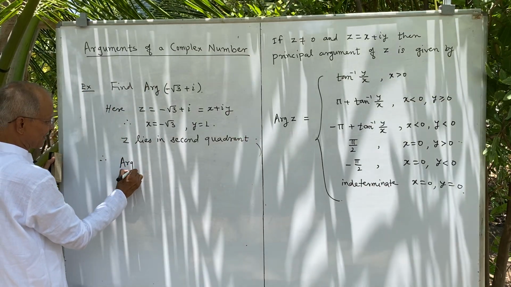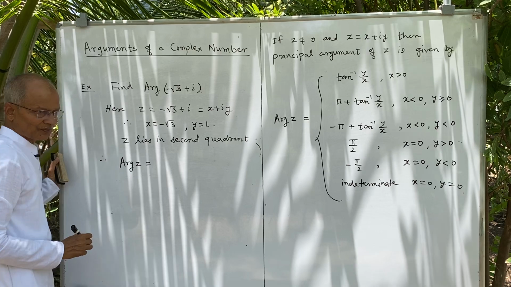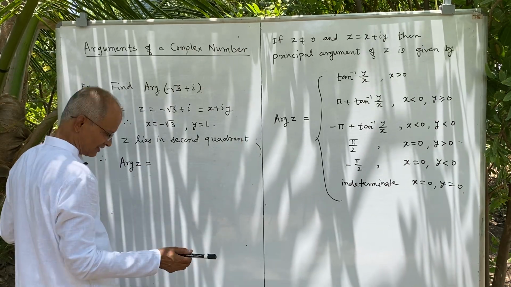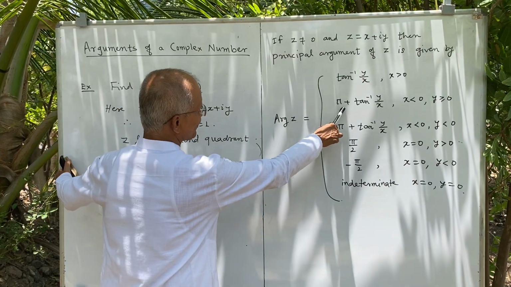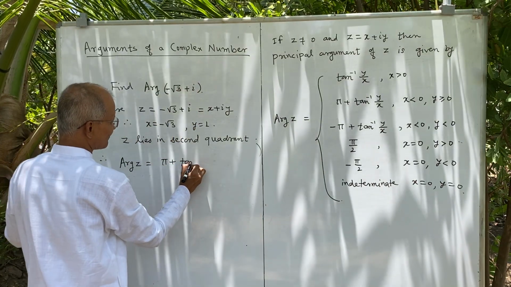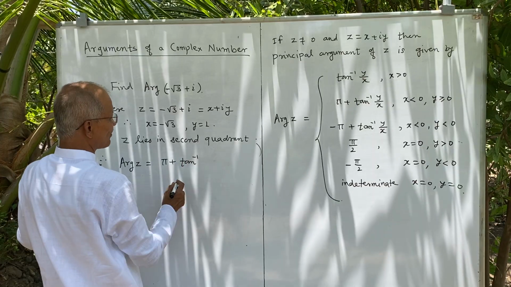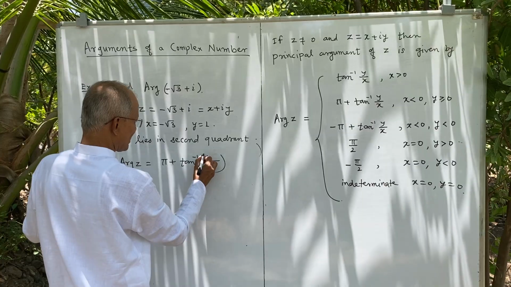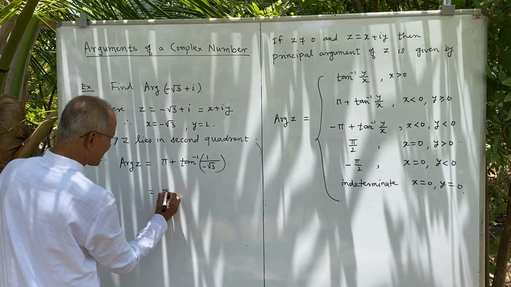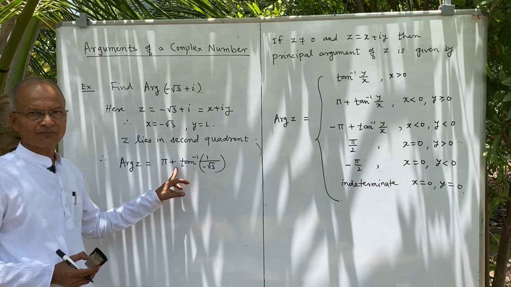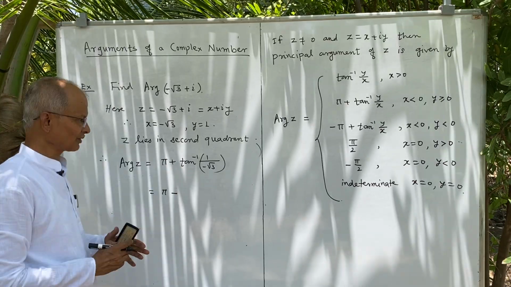Therefore, by the formula of argument z for the second quadrant, argument z is equal to pi plus tan inverse of y upon x. Y is 1 and x is minus root 3, so that is pi minus tan inverse of 1 by root 3, since tan inverse of minus theta is minus tan inverse of theta.